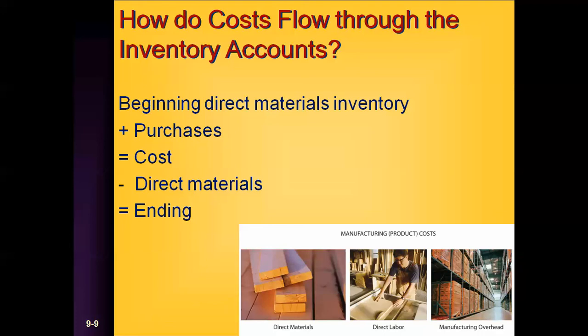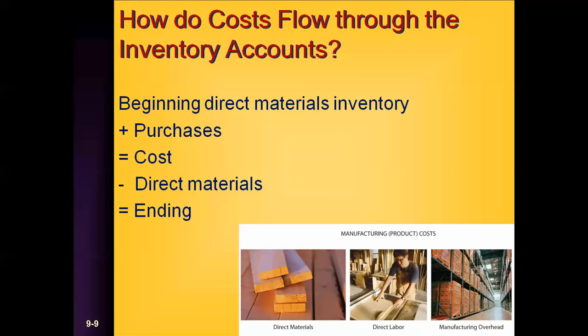In the direct materials account or the raw materials account, you would have a similar type of mathematical relationship going on, and you basically saw that in those T accounts. You'd have a beginning balance of materials that have not been used in the previous period.